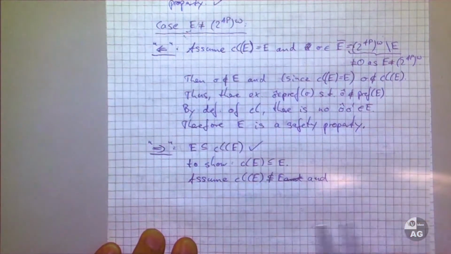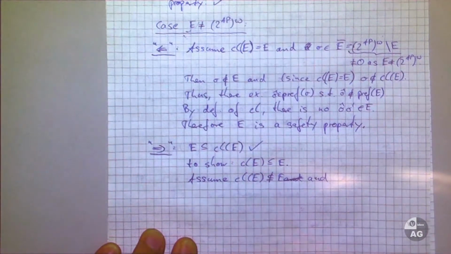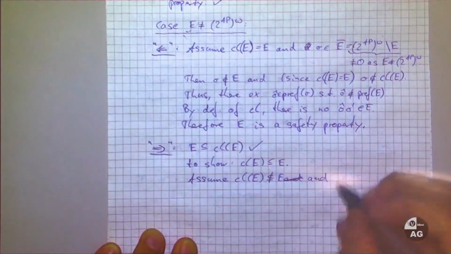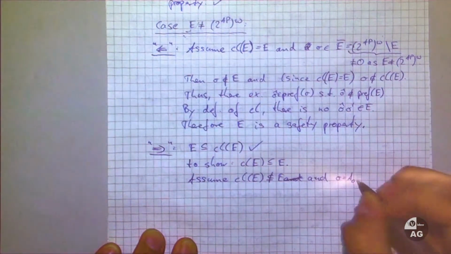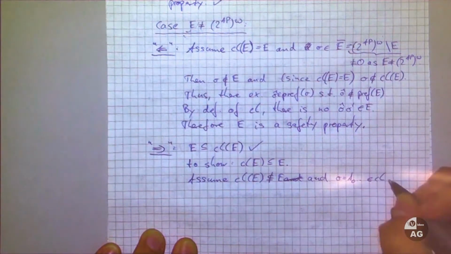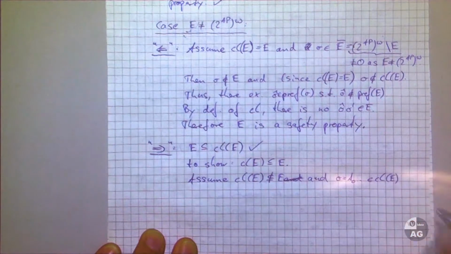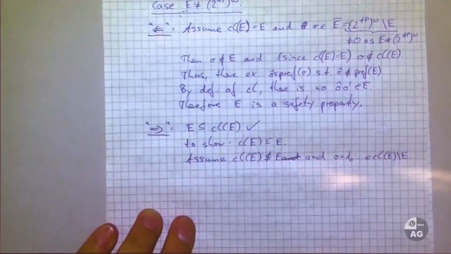Well, then we can take an element that is in the closure but not in E. So we take sigma, A0, and so on, that is in the closure of the property without the property itself. This is our assumption, and we're going to show that this produces a contradiction.